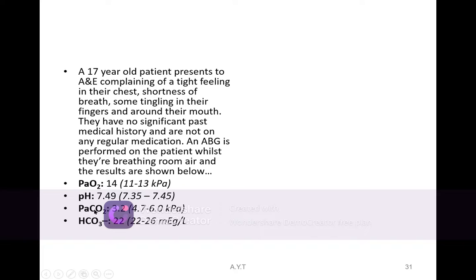Levels of PaCO2, because of the depression of the respiratory system, it is 3.2 kPa, meaning that it is less than 22 millimeters. Normally it is about 30 to 45. So it means the partial pressure of carbon dioxide is reduced. It is alkalosis. It is compensated by this.